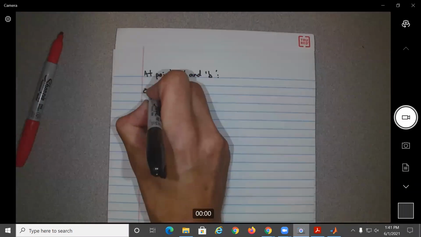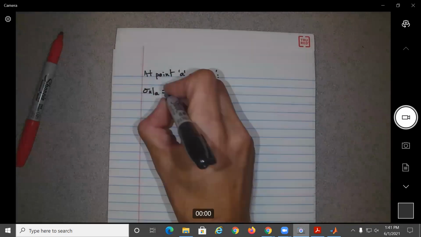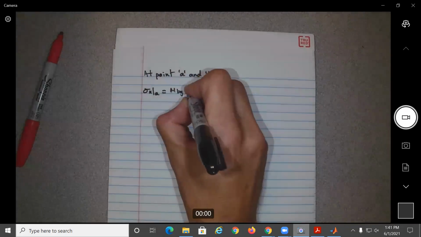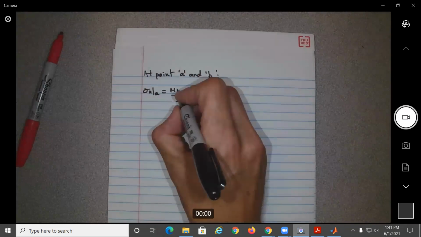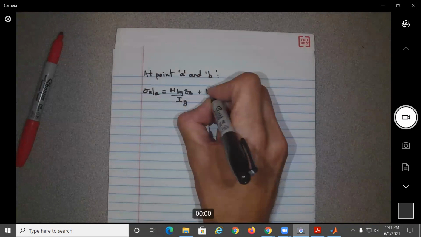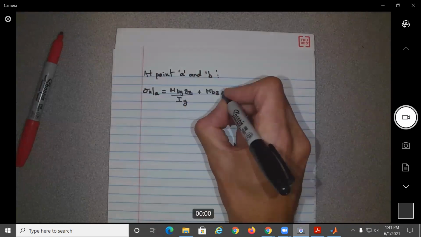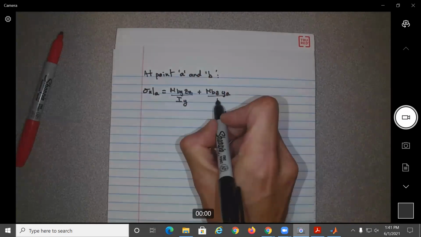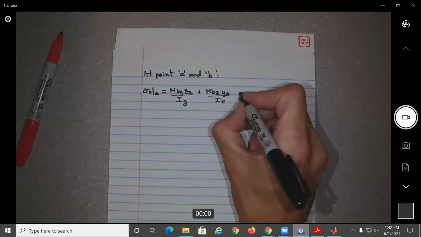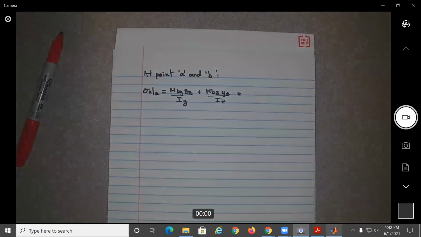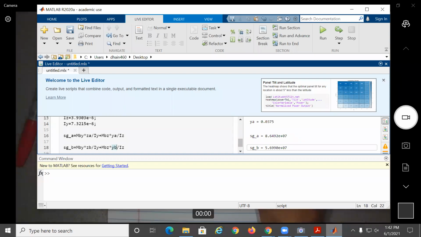Sigma x at point A will be equal to MBY Z sub A divided by I of Y plus MBZ Y sub A divided by I of Z. And this is going to give us a result of 86.492 10 to the 6 pascals, or this will be approximately 86.5 megapascals.